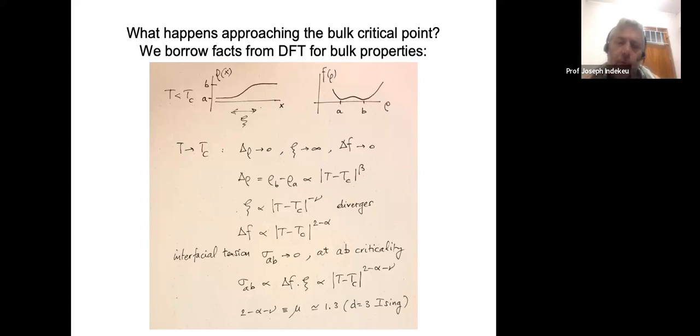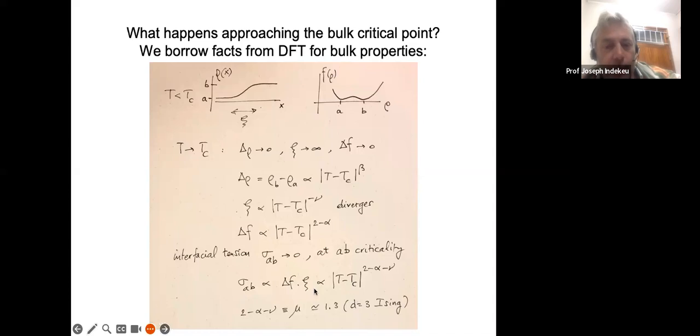So that's not a big surprise, but nevertheless, it is still intriguing to see how this vanishing comes about, because the interfacial tension is proportional to this singular part of the bulk free energy density, which is energy per unit volume, times the length in order to make energy per unit area.